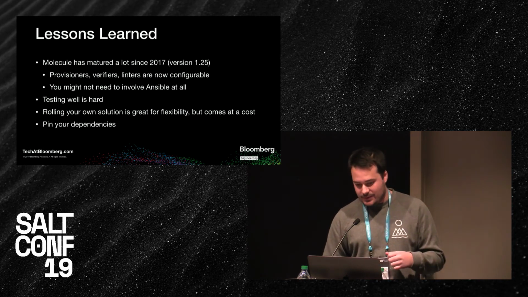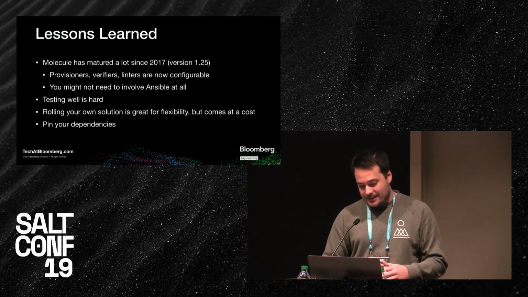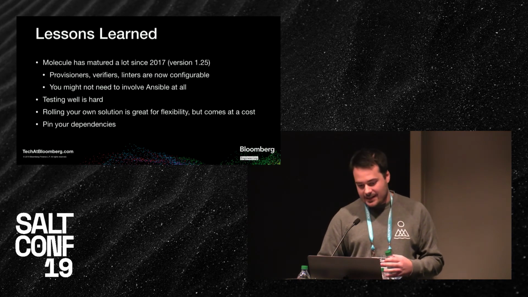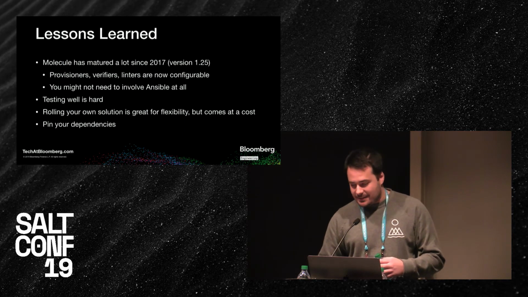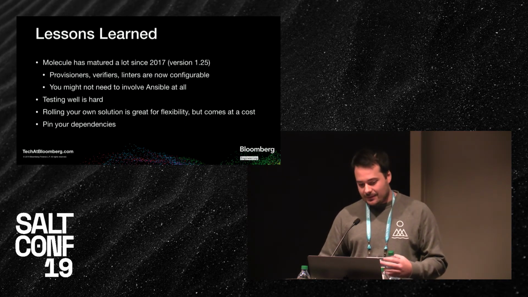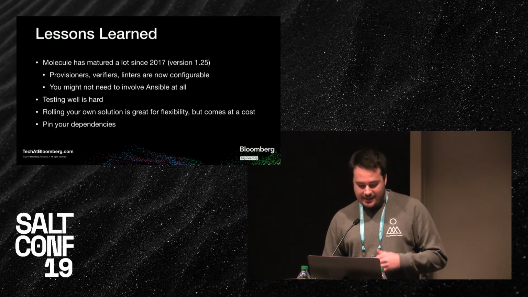It wasn't really something you could use just on its own. But when we looked at it, the provisioners, verifiers, and linters are all now configurable and pluggable. We didn't spend a lot of time looking at it, but it might be something you could use if you were looking to do something like this today. It'd definitely be worth taking a look before rolling your own solution. So yeah, that's definitely one thing that was interesting.